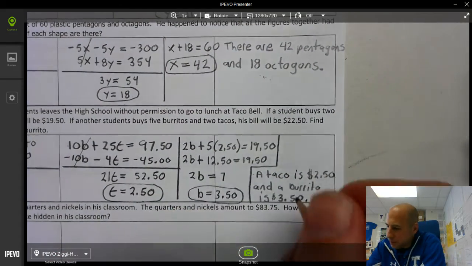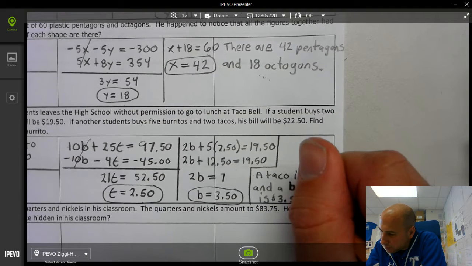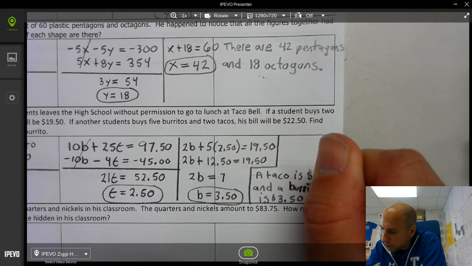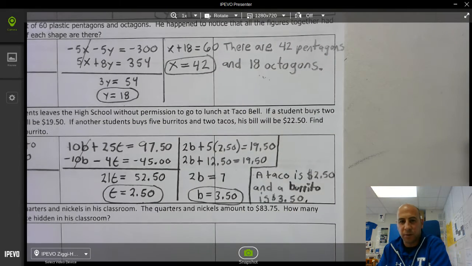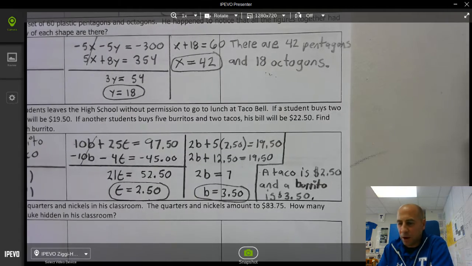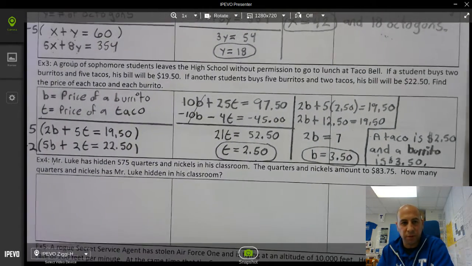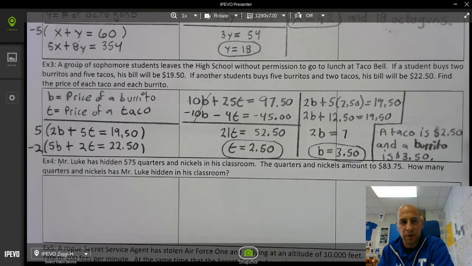Now, the sentences don't have to be elaborate. They just have to state so that it shows you know what the numbers represent. Okay. All right. So if you would go ahead and just look over and finish up example 3.